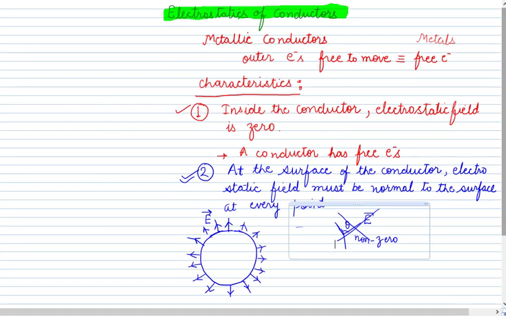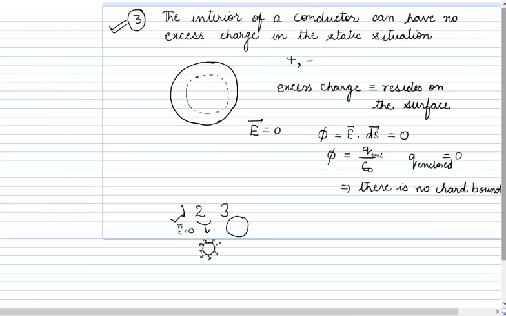First point is that inside the conductor E is 0, and at the surface of the conductor E is present but E is always normal. Third point is that inside the conductor we can have no excess charge. Whatever is excess charge, whatever is the charge given, it always resides at the surface of the conductor.